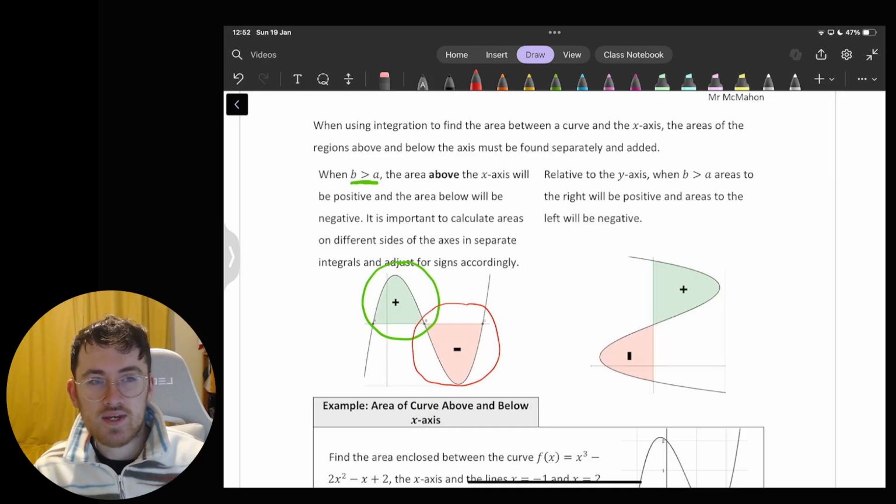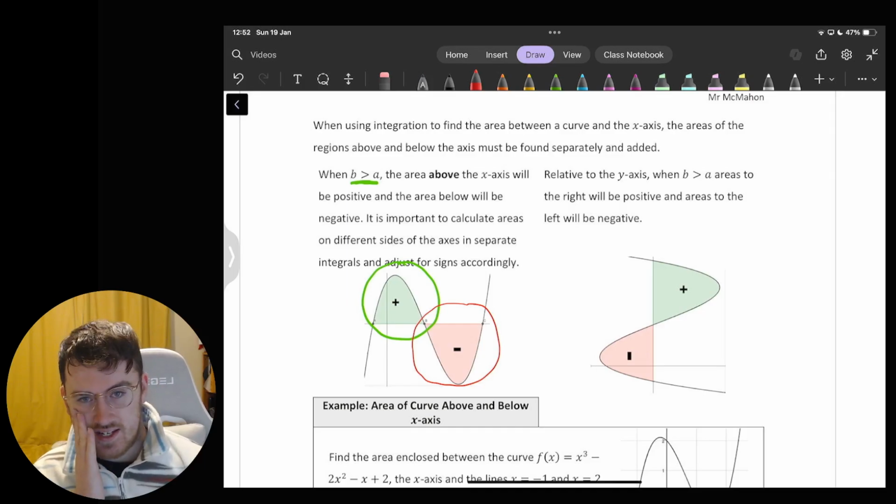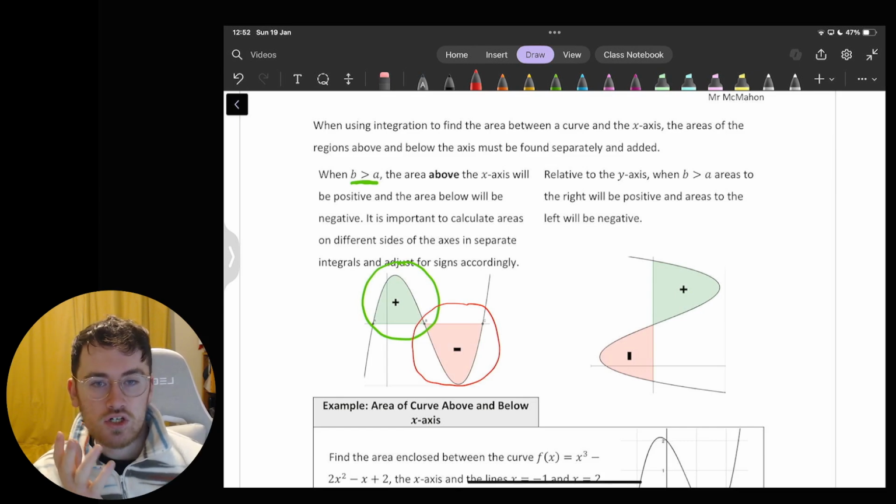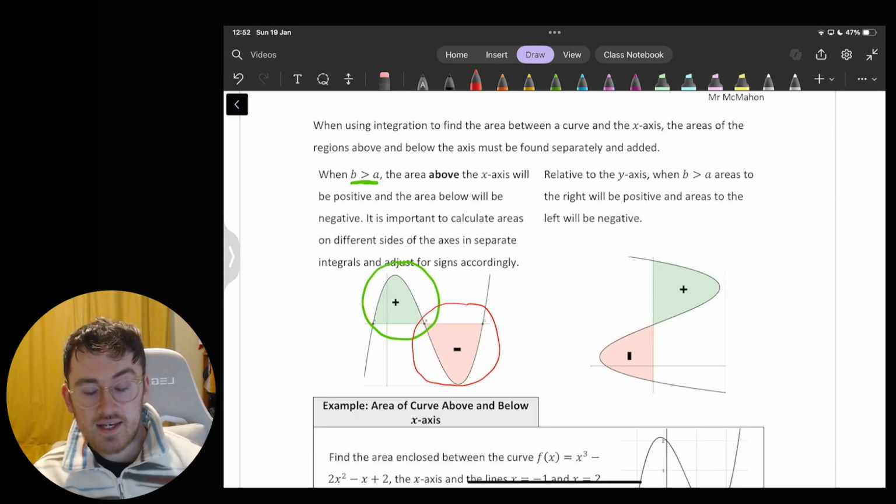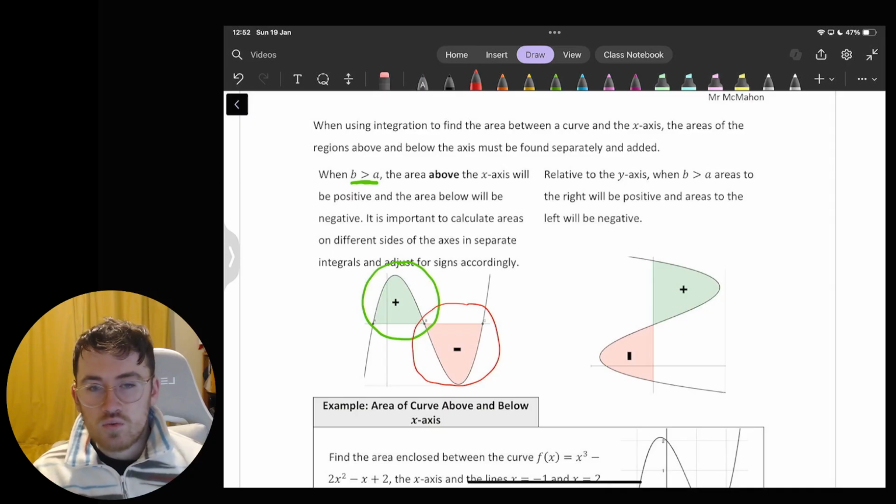Otherwise we are falling out of that definition of area as it stands there. So it's important to have that understanding that the areas above and below the axis will have different signs, or the calculations I should say, so we must adjust that when it comes time to work out total area, or even just to work out area itself.